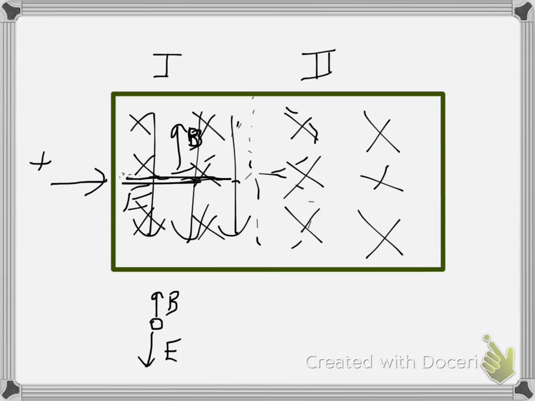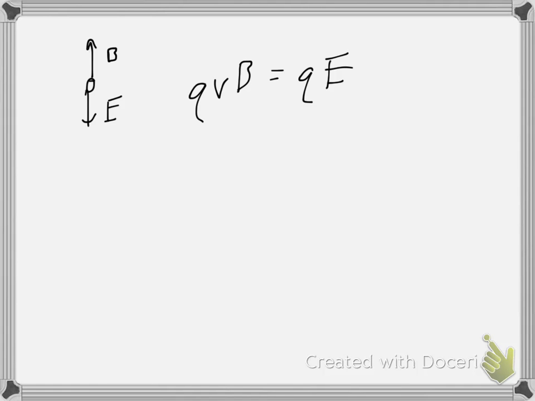Alright, the next thing it asks is to calculate the speed of the particles as they pass through region 1. If you go back to your free body diagram, you have magnetic force going up, electric force going down, and the particle is in equilibrium, so the magnetic force must equal the electric force. Your magnetic force is equal to QVB, and your electric force is equal to QE. You're asked to figure out this velocity.